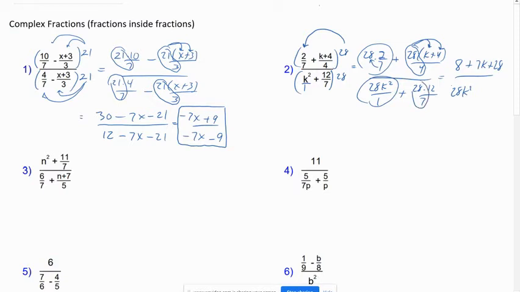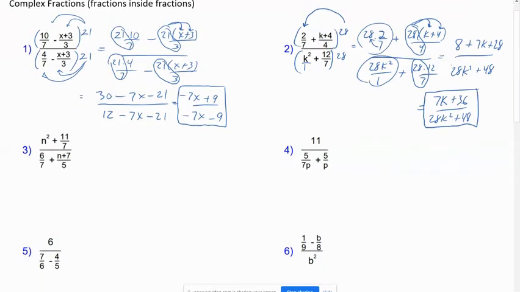And then here, 28 divided by 7 is 4, times 12 is 48. So simplifying the top, I have 7k plus 36 divided by 28k squared plus 48. And that is as much as I can simplify.